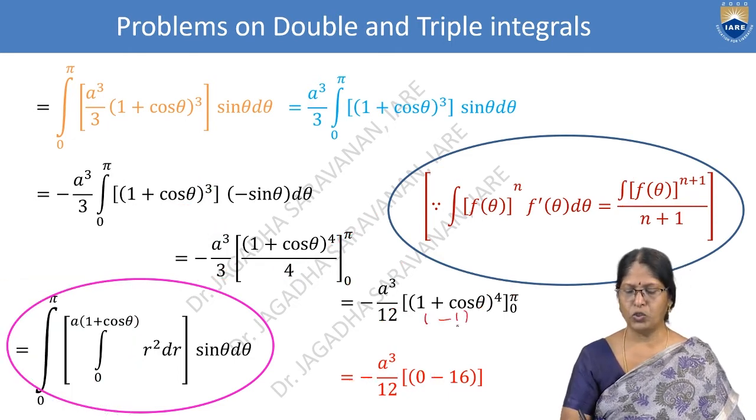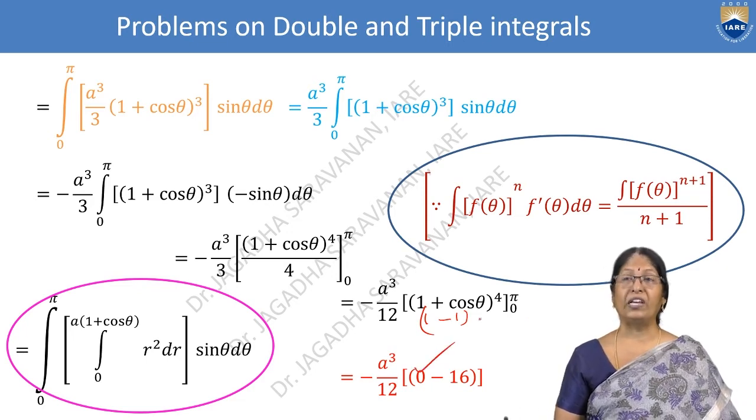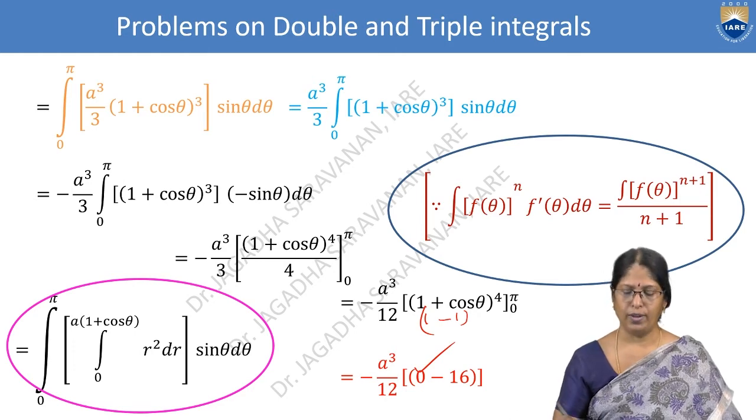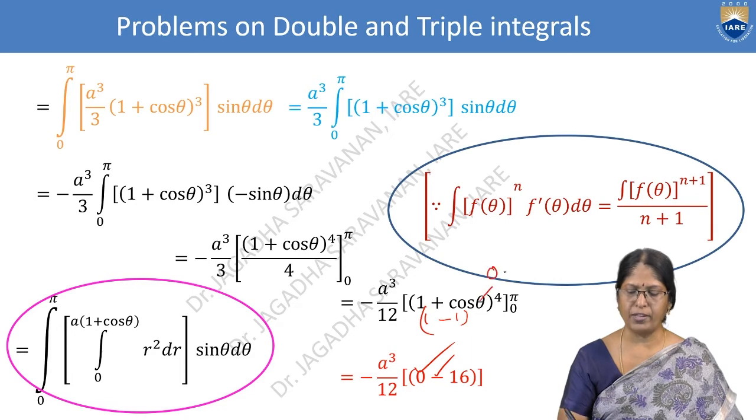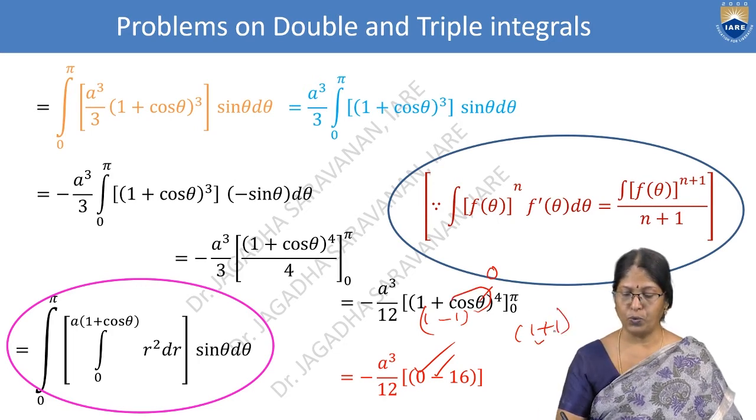So 1 plus minus 1 we are getting, that is 0, the value obtained for the upper limit. This is the formula minus, and theta is replaced by 0. So 1 plus cos 0, cos 0 being 1, we are getting 2.